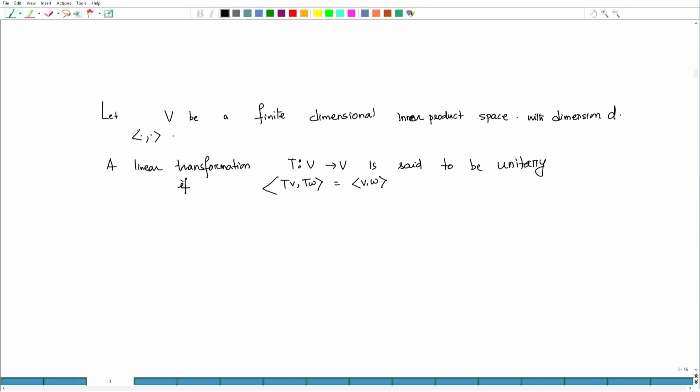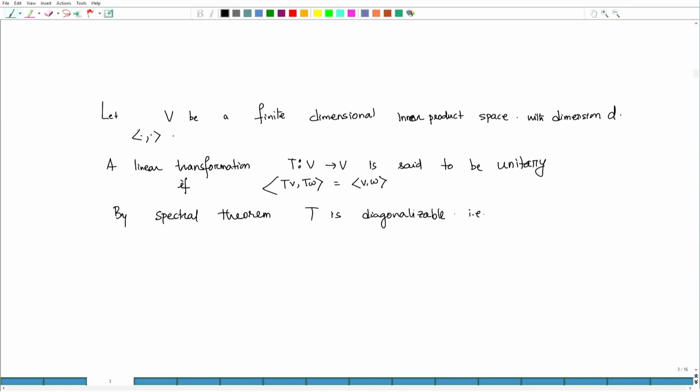So, this we have studied in our linear algebra course, that the spectral theorem for unitary operators says that T is diagonalizable. What does that mean?